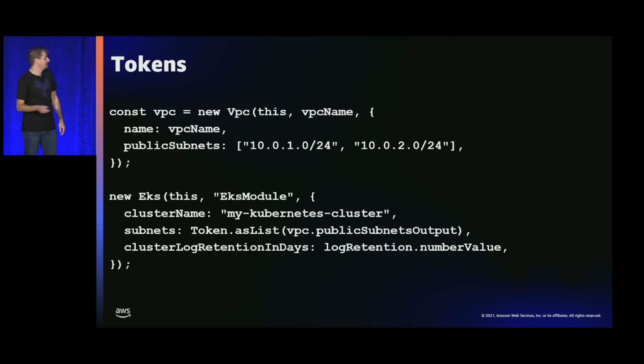So that's what we see with the public subnet outputs here. It gives you a string, and so we want a list of strings, so we're able to use token and then cast that correctly. We're also able to use that if you're using a data source or something. Again, if you don't have that, wrapping it in a token is the best way to go on that front.